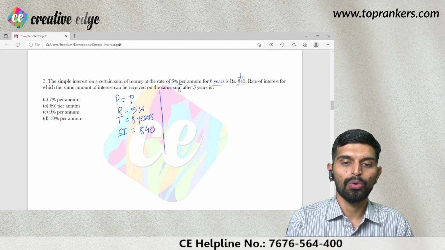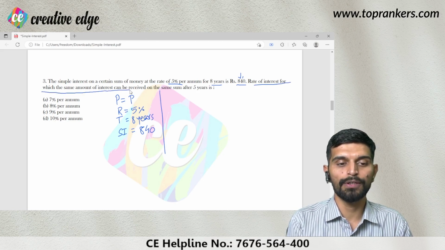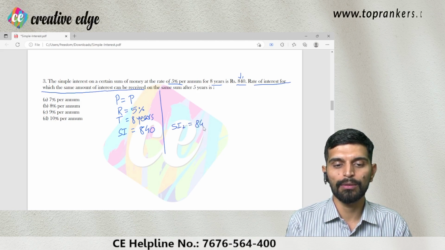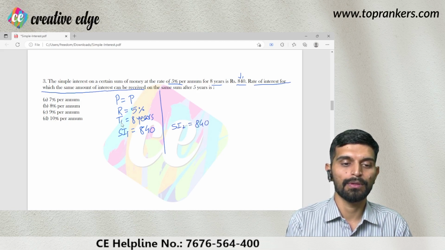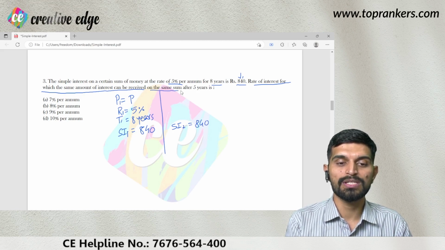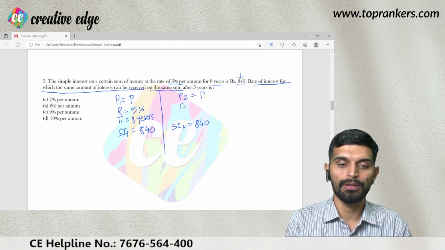Now, the rate of interest for which the same amount of interest can be received. So SI2 should be equal. All these values are, say, 1. On the same sum, that is principal 2 is also equal to principal.